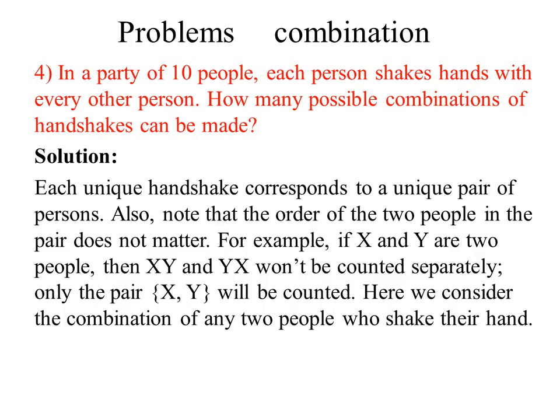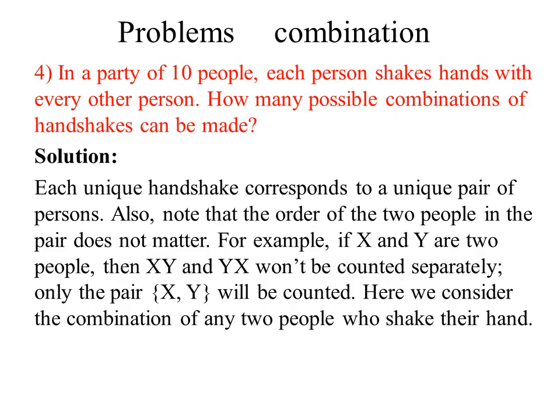Here is the solution. Each handshake corresponds to a unique pair of people. Also note that the order of the two people in the pair does not matter. For example, if x and y are two people, then xy and yx won't be counted separately.